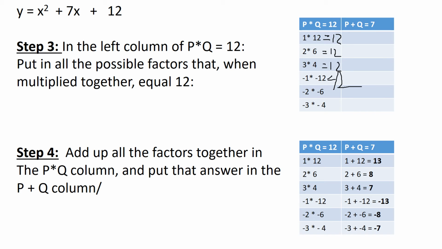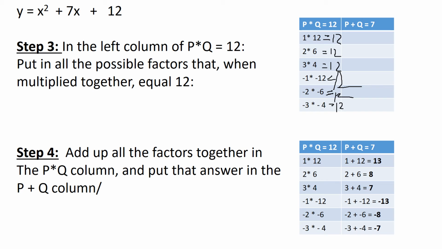We've got negative 2 times negative 6 equals 12, and negative 3 times negative 4 equals 12. So these are all the possible factors that will multiply together to become 12.